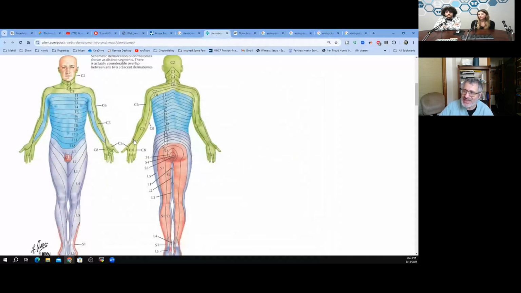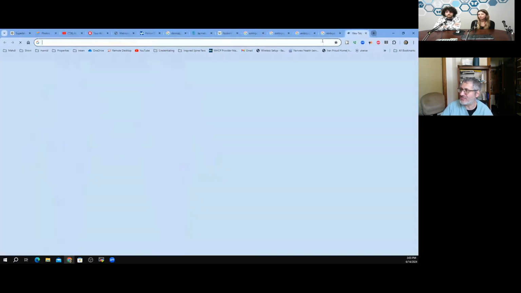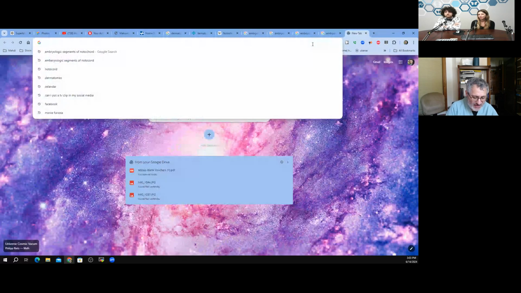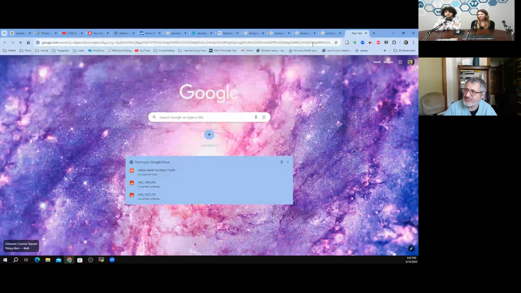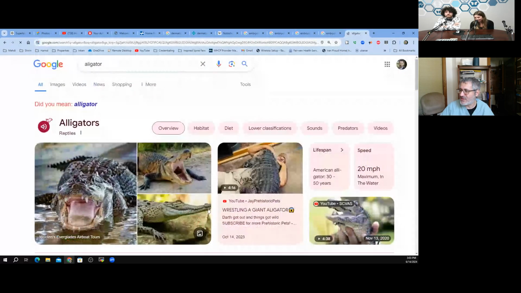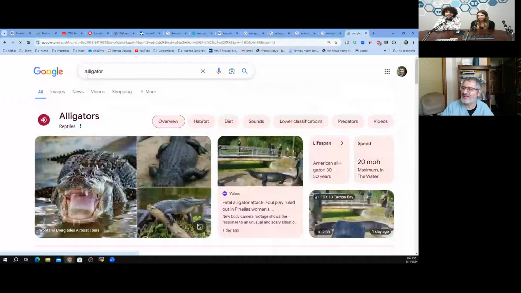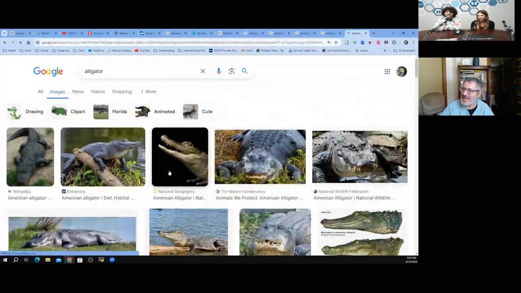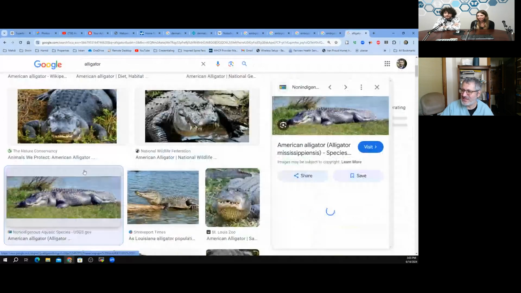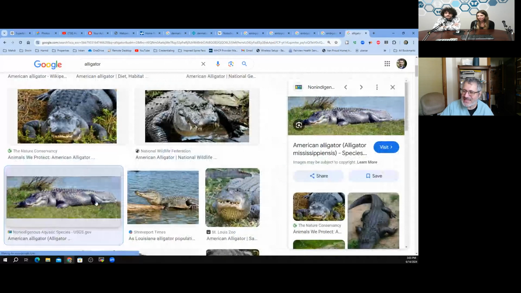It doesn't look segmental, except let's look at how an alligator looks. Look at the alligator here. You see, his arms and hands are not front and back.